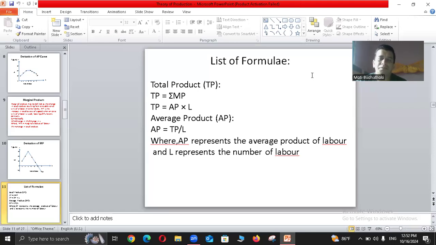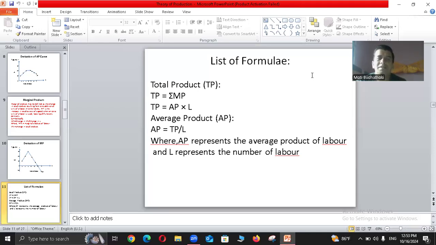In production theory, we must remember that there are mainly three types of product. Total product is the sum of marginal product, or total product is the average product multiplied by the units of labor. In case of average product, it is the total product divided by units of labor.